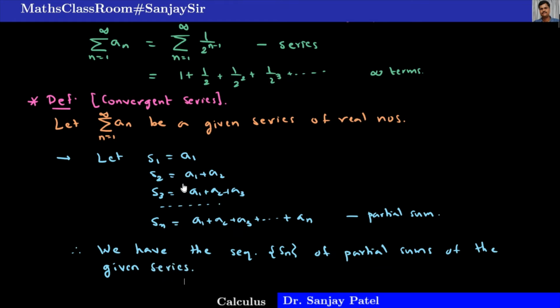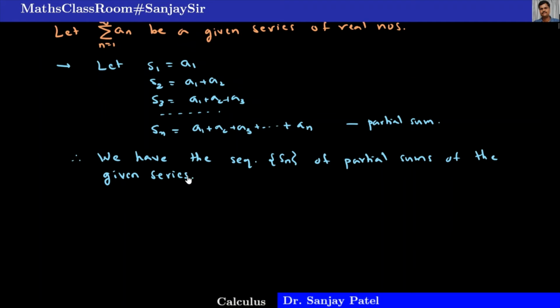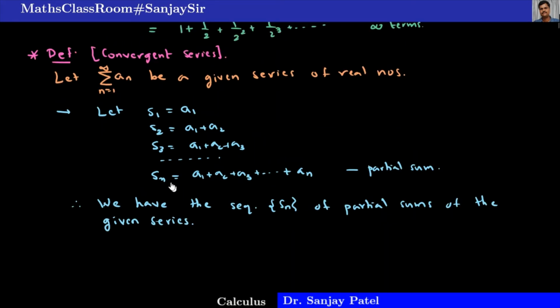Now, if we intuitively think that if I choose n very, very large, say if n goes to infinity, that means I have to write a1 plus a2 plus a3 up to all infinite terms. If S_n as n tends to infinity exists, that means this sum a1 plus a2 plus a3 up to infinite terms exists. So in that case, I can say this series sum is possible, and therefore the series will be called a convergent series.